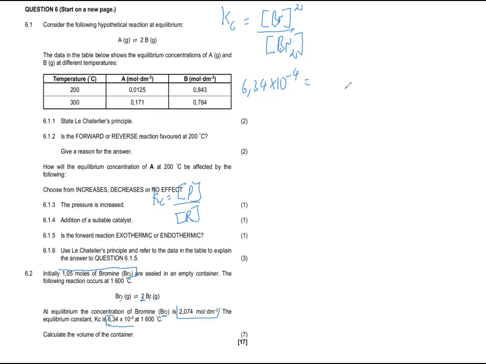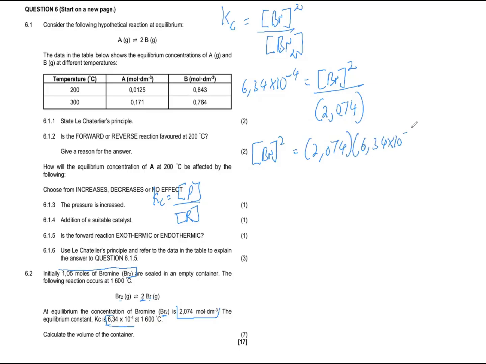So we have the Br there, and then squared. But then we have the concentration of the bromine, Br2, here, which is 2.074. And then we can cross multiply. If we cross multiply, we have Br squared is equal to 2.074 multiplied by the 6.34 times 10 to the exponent of negative 4.